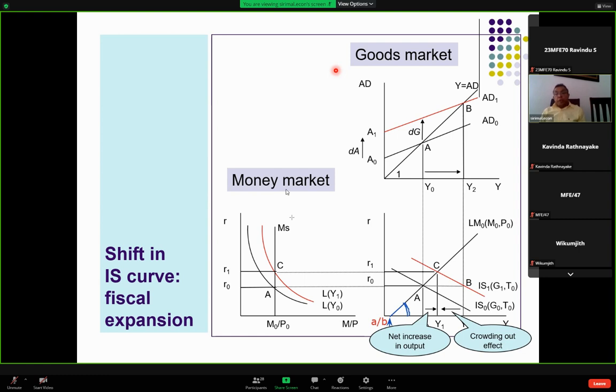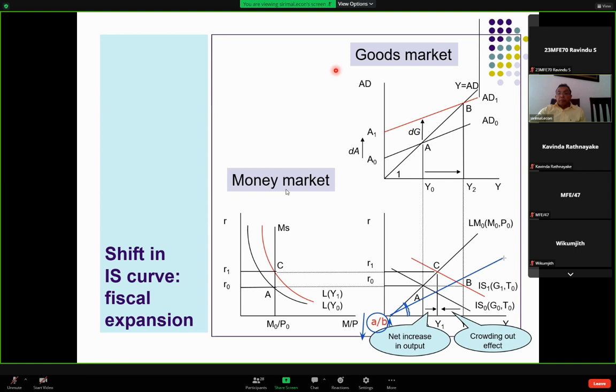When the value of B rises, the value of the ratio A over B will be smaller. That means this line becomes flatter.